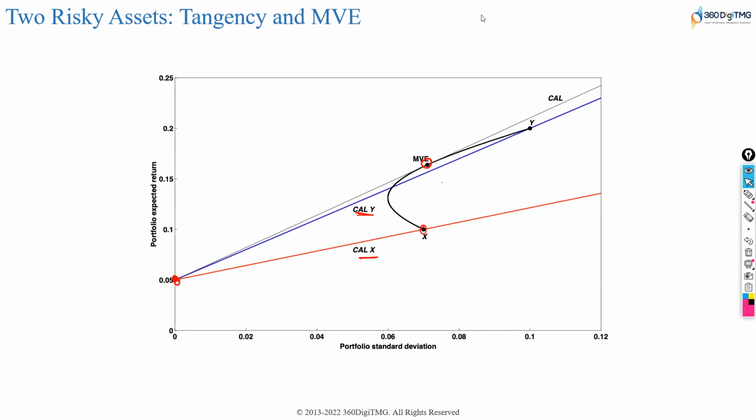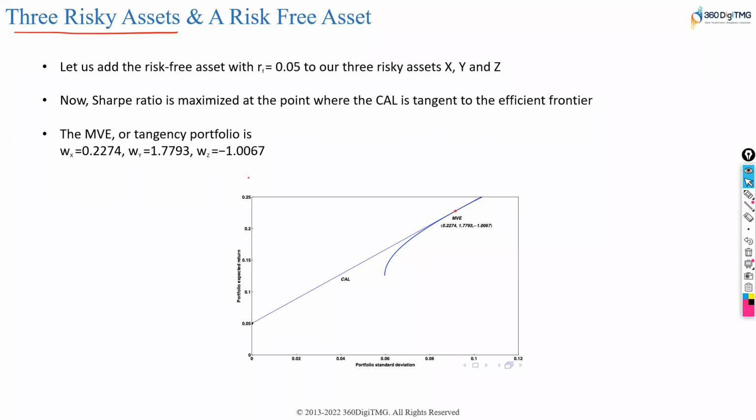So what are we doing now? We are trying to add a risk-free asset to the three risky asset scenario that we discussed. We had three risky assets, X, Y, and Z, and then we got this efficient frontier. The moment you add a risk-free asset, you get a capital allocation line like that.